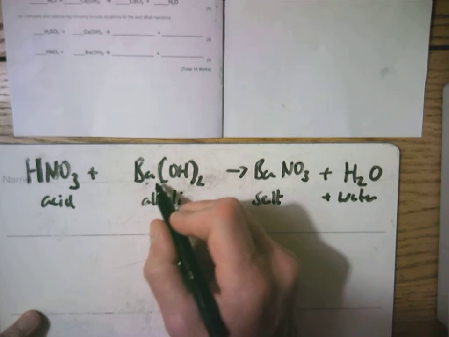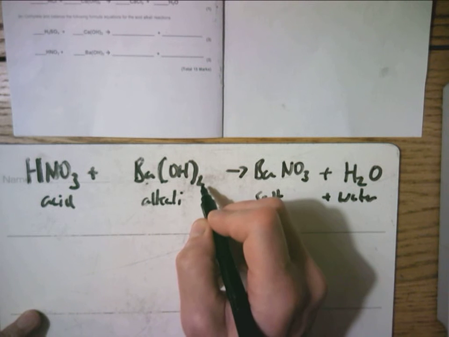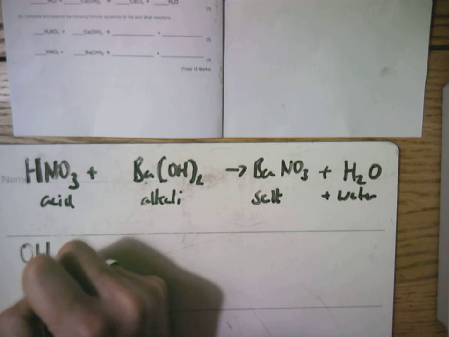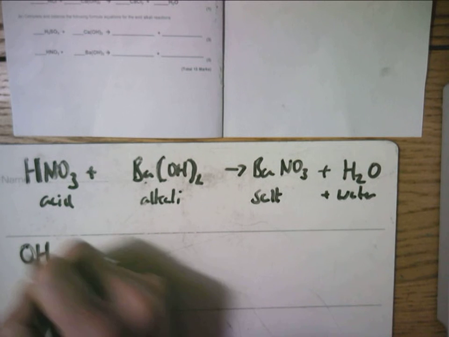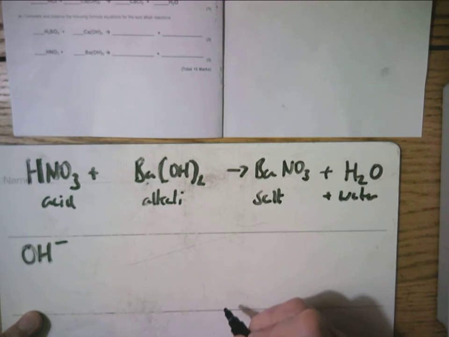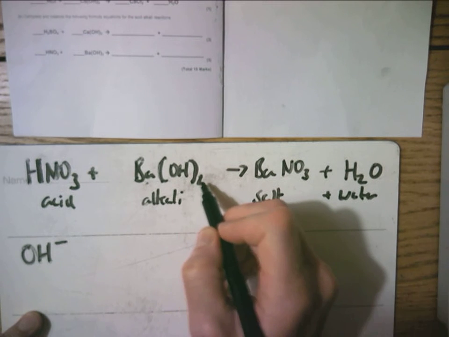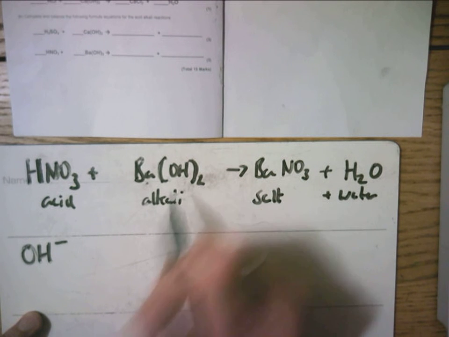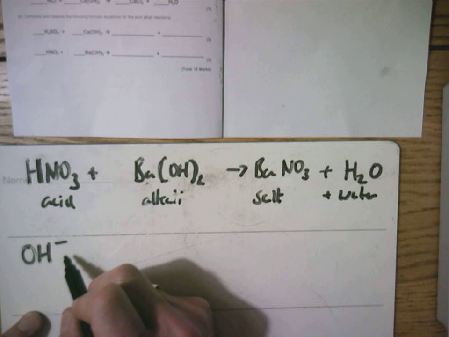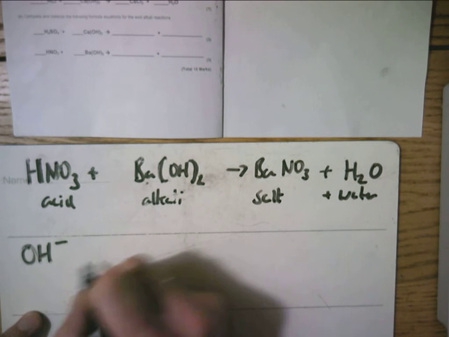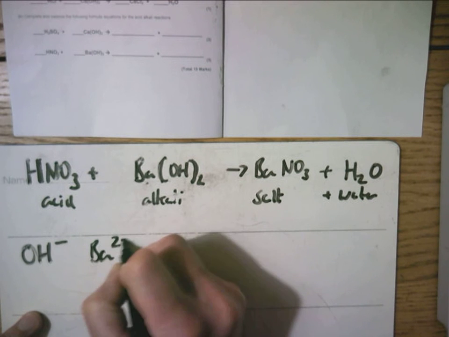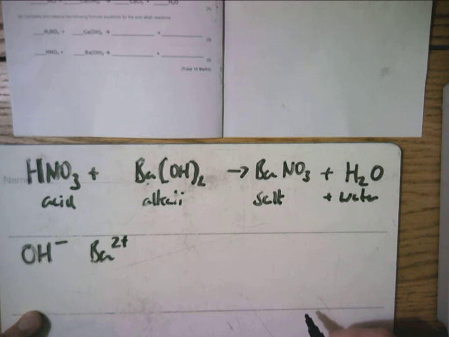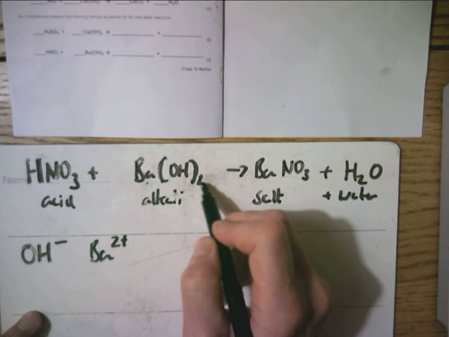But you do know, because it's Ba(OH)2, and you know that OH, the hydroxide ion, is an OH single minus ion, and barium needs 2 of them to cancel out all its positivity. So 2 lots of 1 minus is 2 minus, so Ba must be Ba2 plus, hence Ba(OH)2.